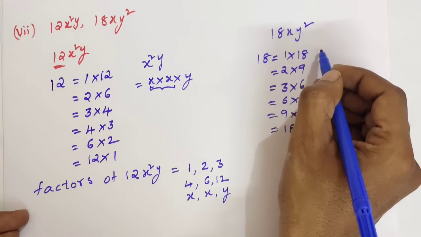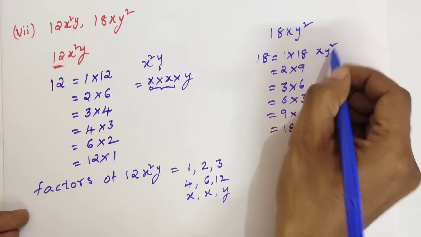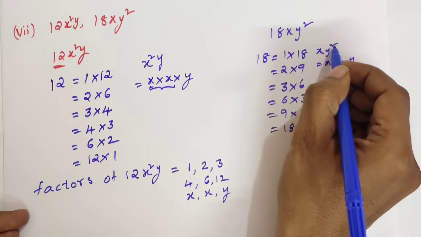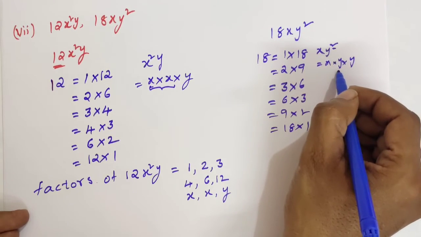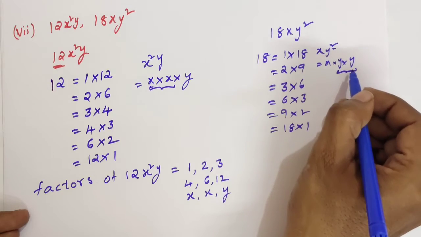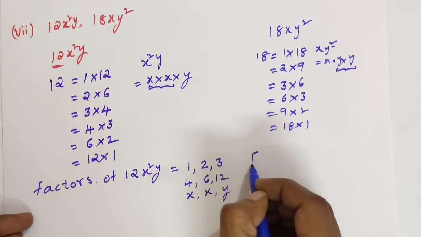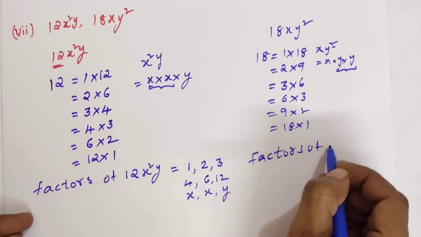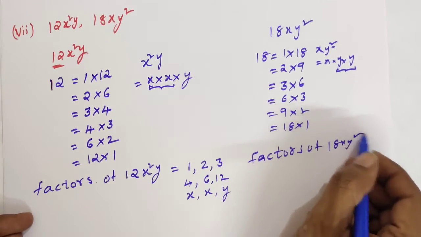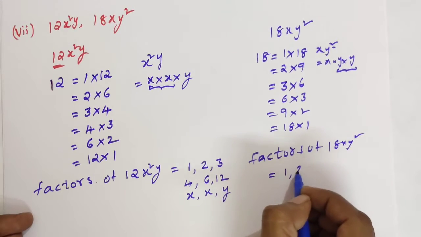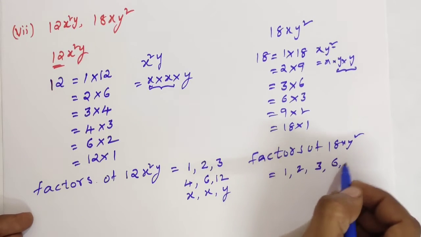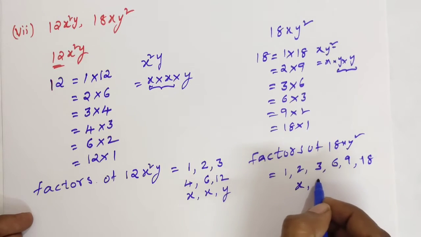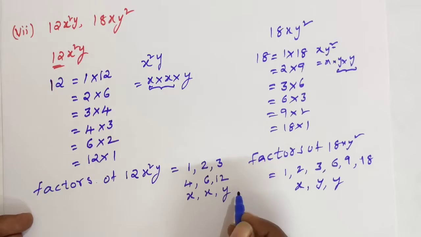And this xy square can be written as x into y into y. So here y has exponent 2, that is y square, that's why y multiplied by y. So now the factors of 18xy square are simply 1, 2, 3, 6, 9, 18, x, y and y.